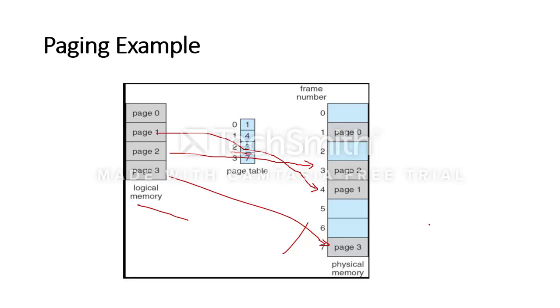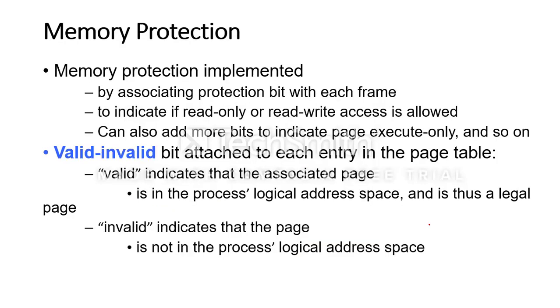Then, going forward, we also need to know that memory protection is implemented by associating a protection bit with each frame, and you indicate whether a bit is valid or invalid by using maybe a 0 and a 1, or you can use I for invalid, then V for valid.